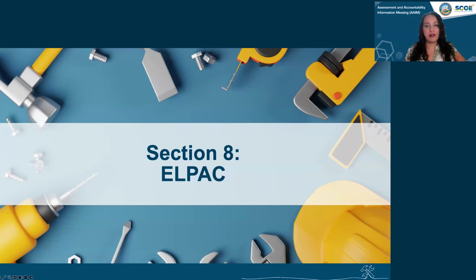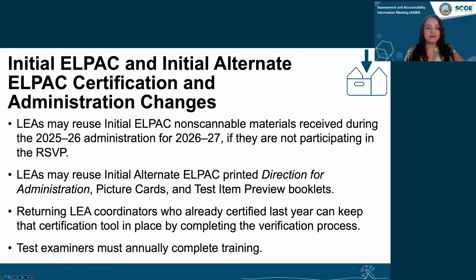Okay, now it's time for ELPAC updates. Here are a few practical tools and efficiencies you can take advantage of this year. We have some initial ELPAC and initial alternate ELPAC certification and administration changes for you. First, let's help you make the most of existing resources.